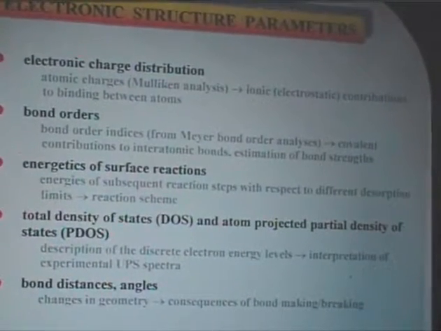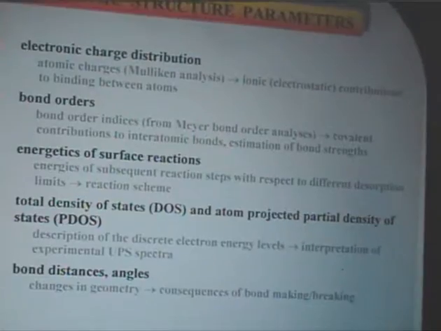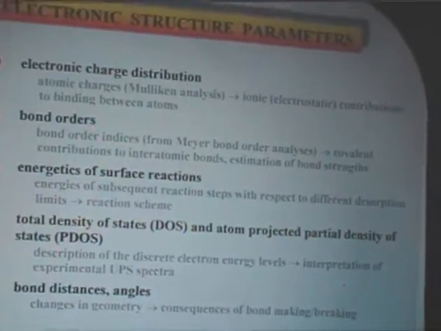These two parameters, however, cannot be compared to the experiment. The next set of parameters can be compared with the experiment, and we can, for example, discuss all kinds of energetics. We can look for the adsorption energy, for the activation energy. However, this task is extremely time-consuming and difficult.